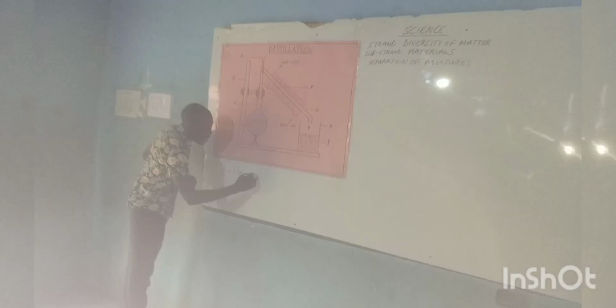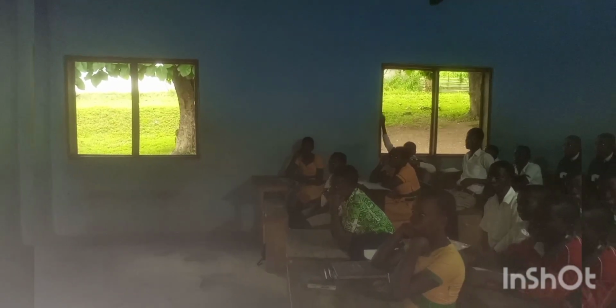So let's take A, for instance. What does it represent? Yes, Bernard. Thermometer. But do you know what you have done for me? When I gave you work, some of you wrote temperature. Alright, B. Not exactly what I'm expecting.